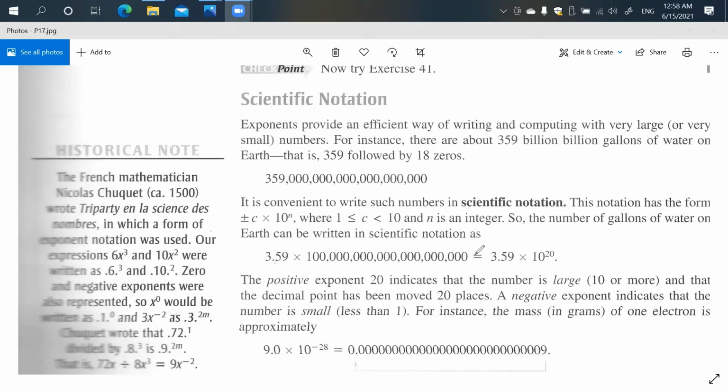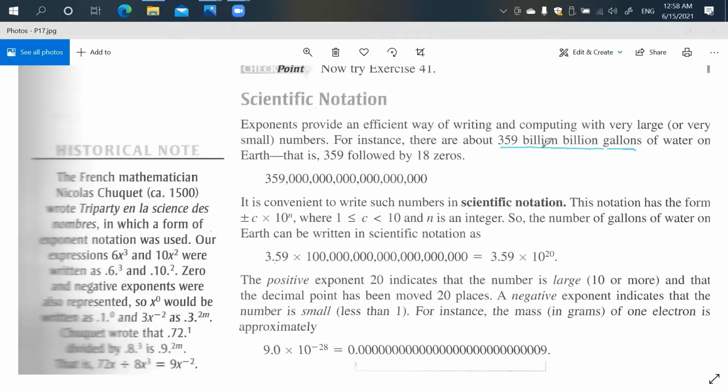For example, exponents provide an efficient way of writing and computing with very large or very small numbers. If we have 359 billion gallons of water on Earth, this is a very large number, correct?